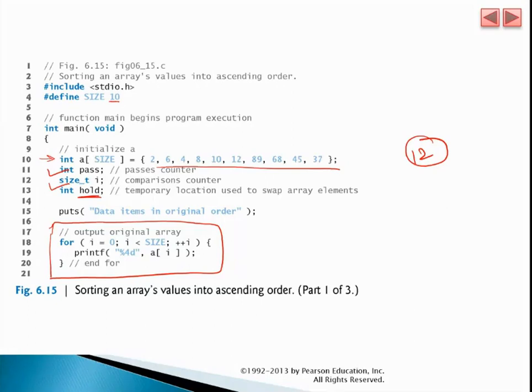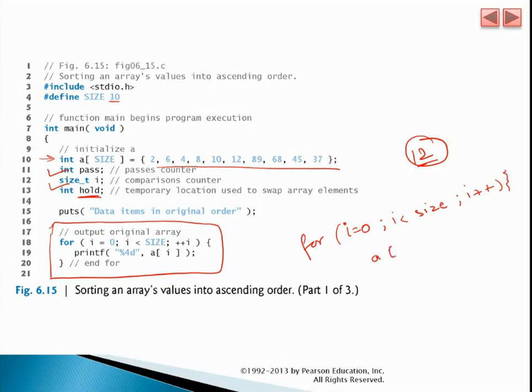Very true. We can write a loop. That loop will start from 0, so suppose i becomes 0 and it will go till i is less than size, and then you increment i plus plus. Inside this loop you compare each element.